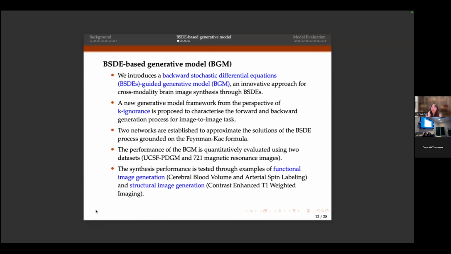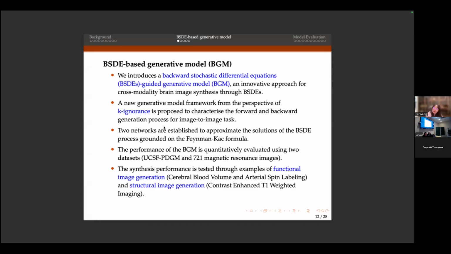This is a novel framework from the perspective of K-ignorance. K-ignorance is a method to measure uncertainty, so we use it to characterize the best and worst situations.